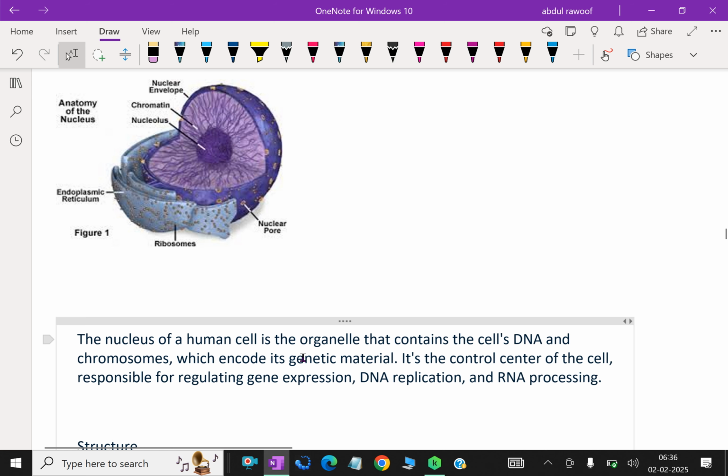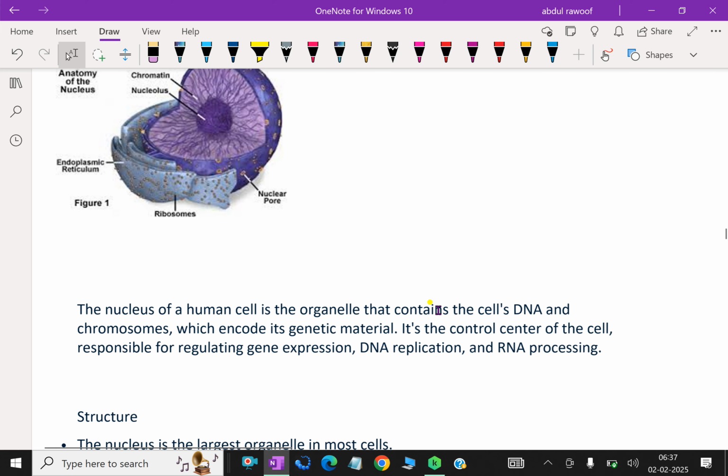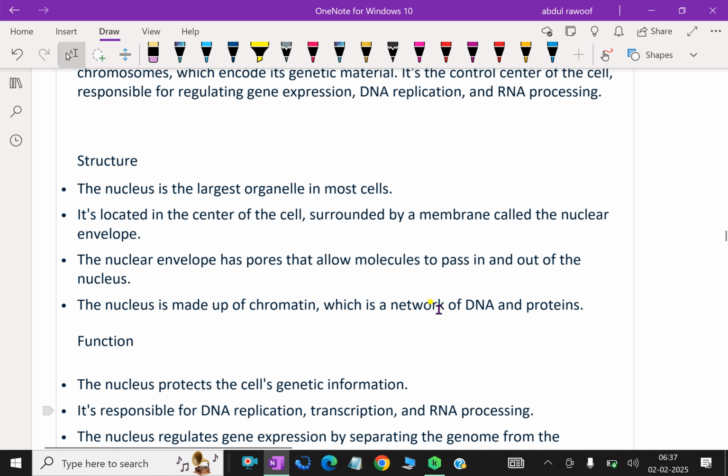The cell nucleus of a human cell is the organelle that contains the cell's DNA and chromosomes, which encode its genetic material. It's the control center of the cell, responsible for regulating gene expression, DNA replication, and RNA processing. Structure: the nucleus is the largest organelle in most cells.